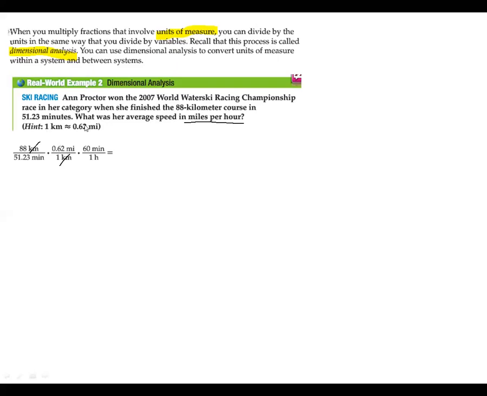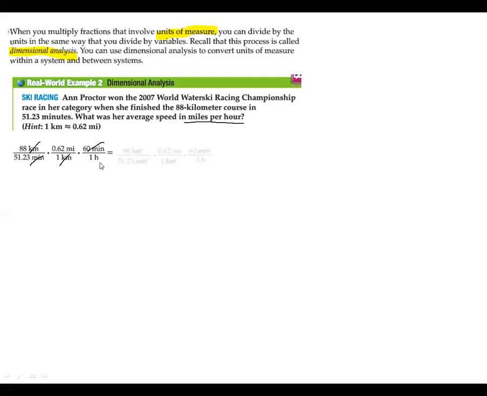Now, the next thing I need to do is convert the minutes into hours. How do I do that? Well, I know there's 60 minutes in an hour. So do I multiply by 60 over 1 or 1 over 60? Well, if you're trying to cross cancel out the minutes, you put the minutes on top and there's 60 minutes in an hour. So those would cross cancel here. And notice the units that are left are miles over hours, miles per hour.